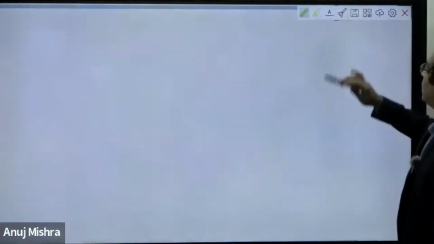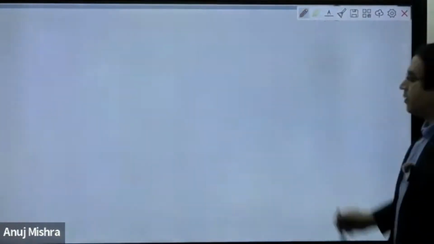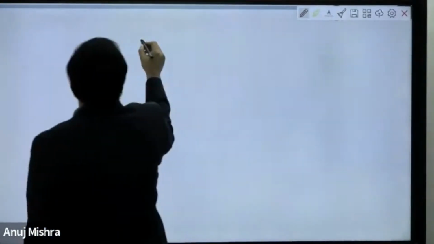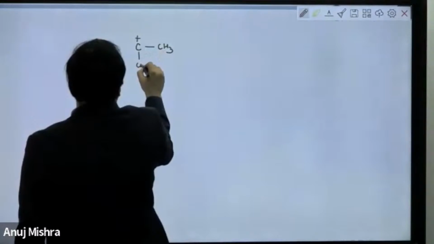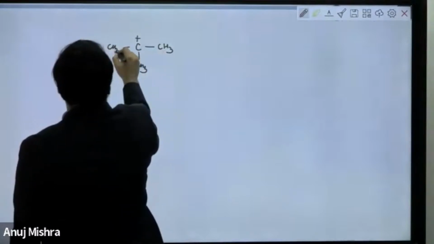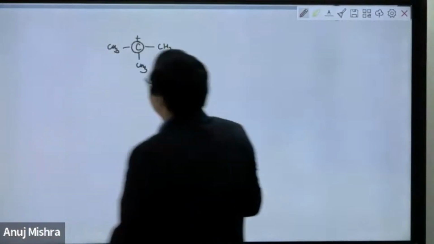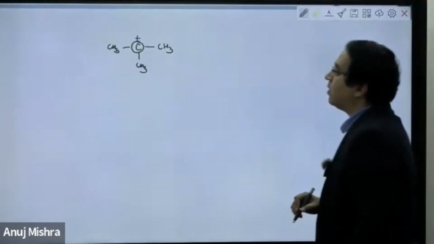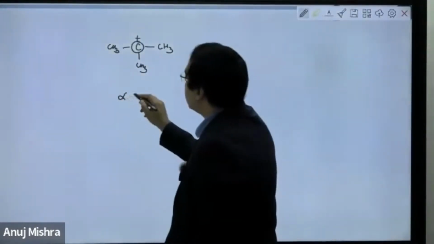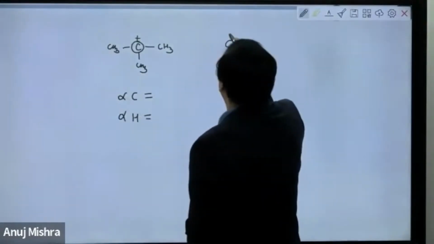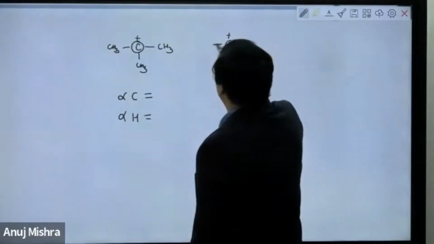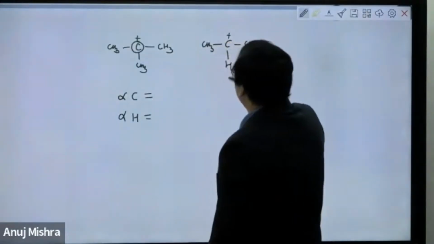Good. So let's understand this in a little more detail. Let's say a question comes when you have C plus and you have CH3. With respect to this carbocation, please count the alpha carbons. Give me alpha carbons, how many? Give me alpha hydrogens, how many? Next question, C plus CH3 and one hydrogen.